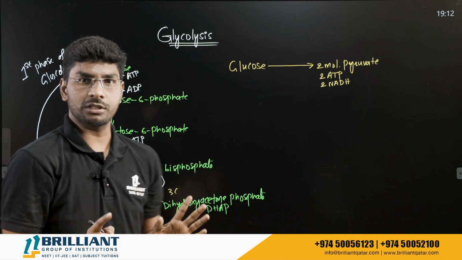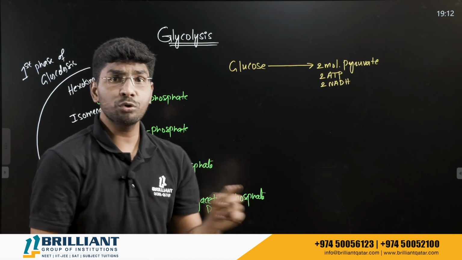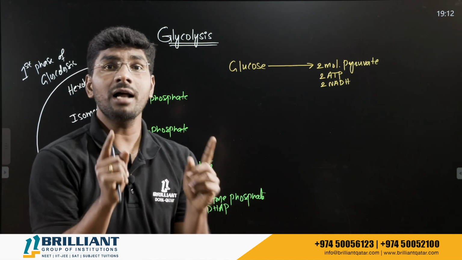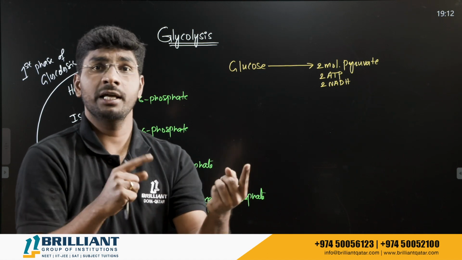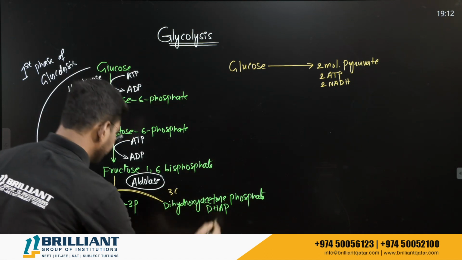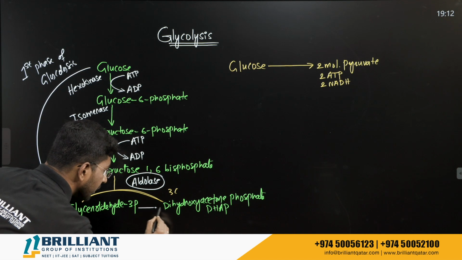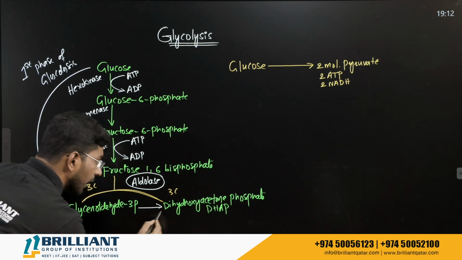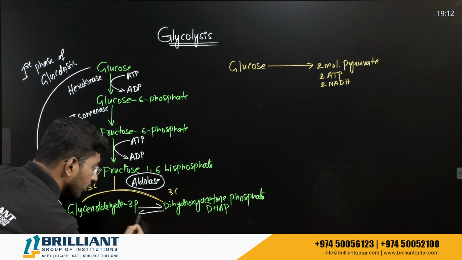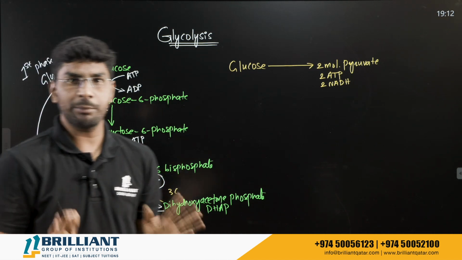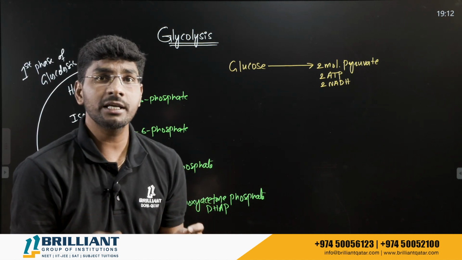First phase of glycolysis. Keep in mind, students, all of you, these two 3 carbon compounds are isomers. That means they are interconvertible. Glyceraldehyde 3-phosphate converts into dihydroxyacetone phosphate, and dihydroxyacetone phosphate converts into glyceraldehyde 3-phosphate. So which enzyme is participating here?